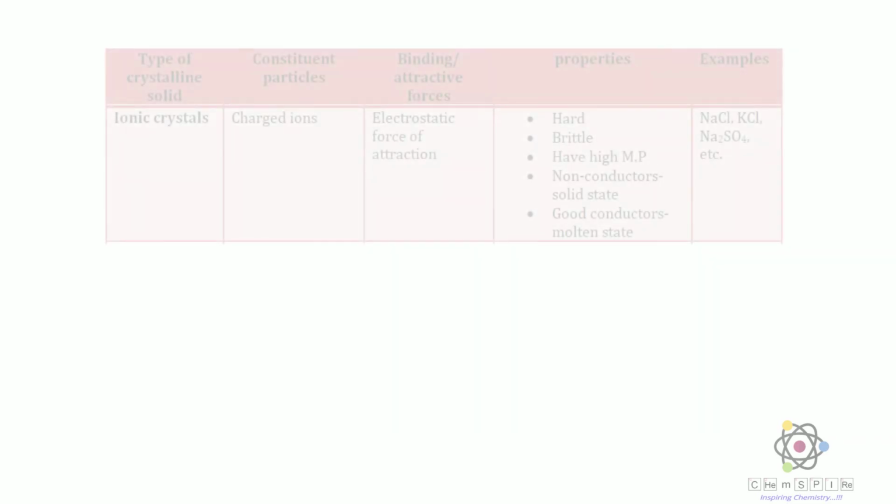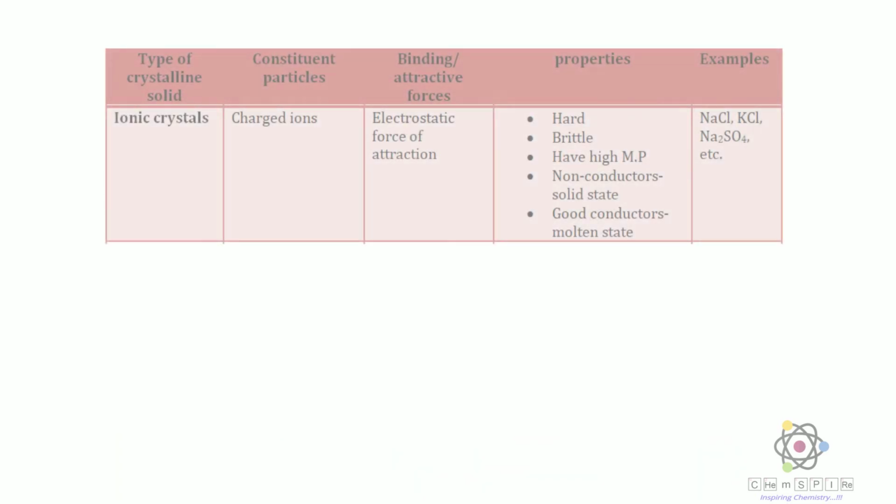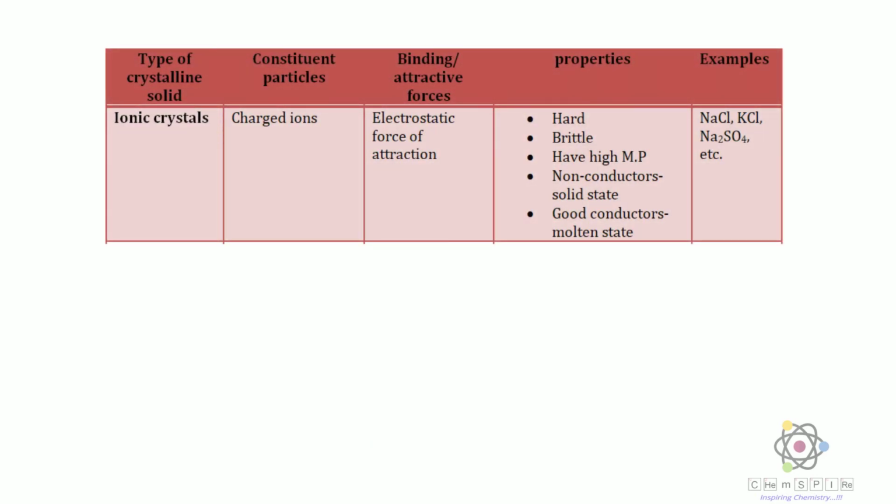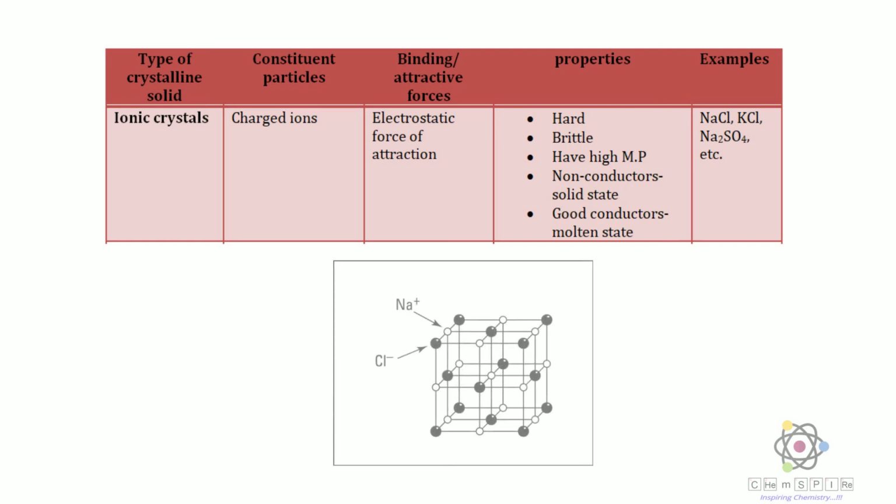Let's discuss one by one now. First is ionic crystals. In ionic crystals, the constituent particles are charged ions, which means positively and negatively charged ions. These ions are held together by electrostatic force of attraction.